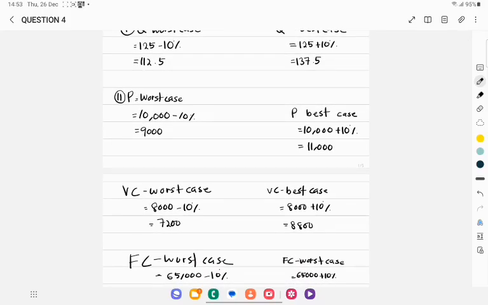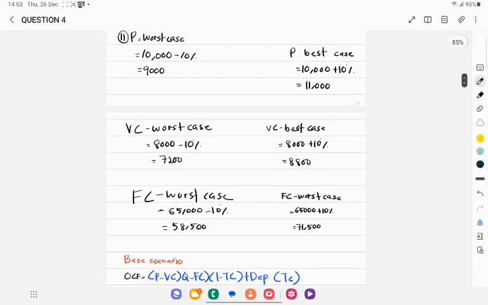Next, for the variable cost, the answer is 7,200 with the formula 8,000 minus 10%, and the fixed cost is 65,000 minus 10%, and the answer is 58,500.